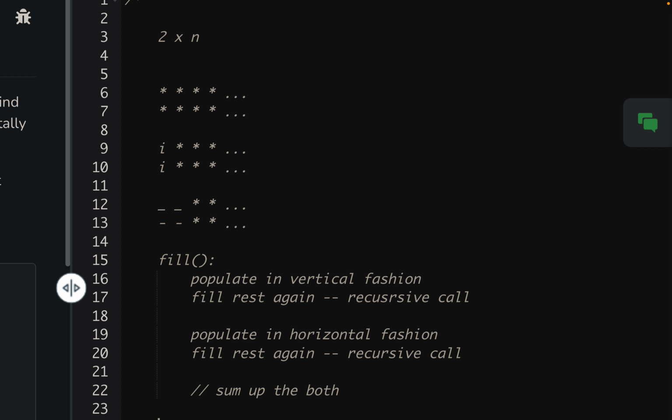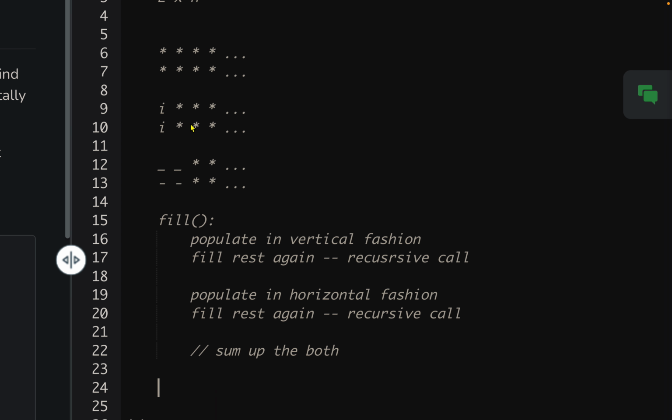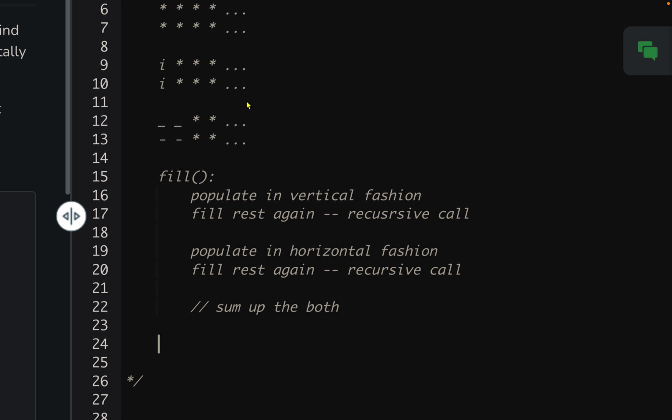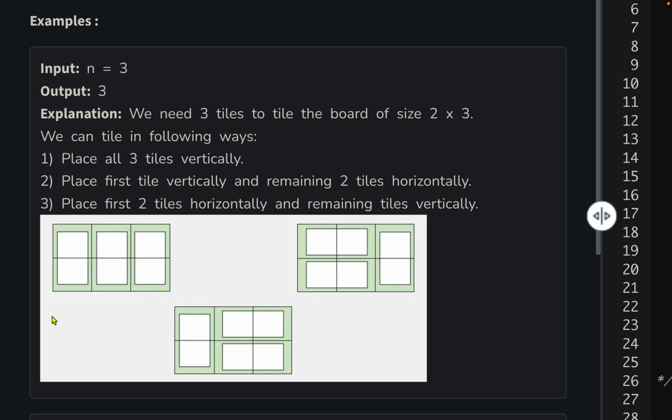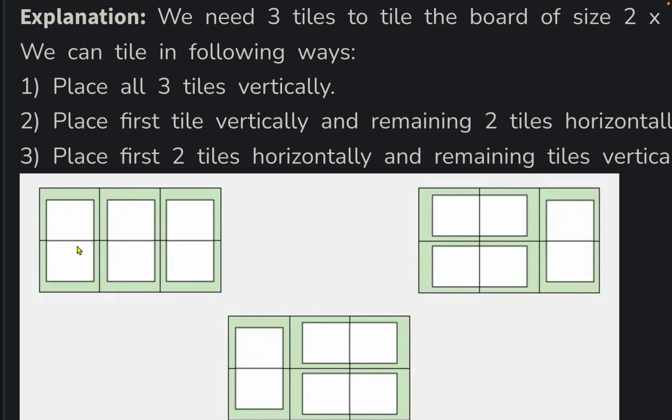So let's dig down further. Even if we go ahead with this idea, there are multiple overlapping approaches. So you see, when we are filling this area, if I'm going ahead with filling up this vertical space, you can see that here I am again coming across a square which consists of one vertical or one horizontal possibility.